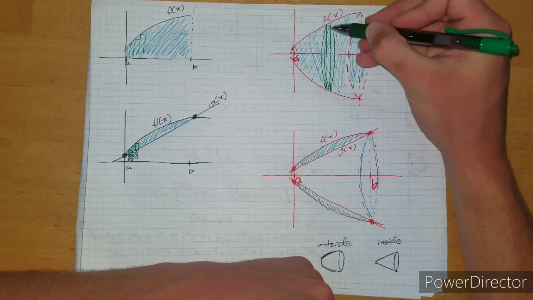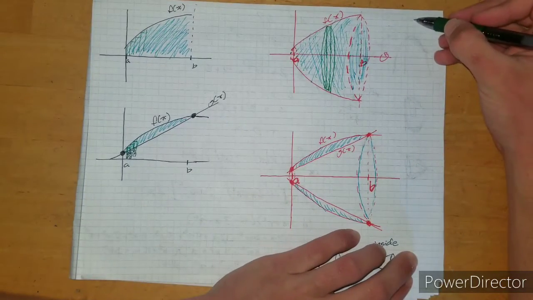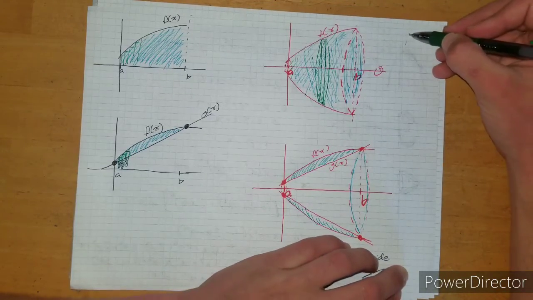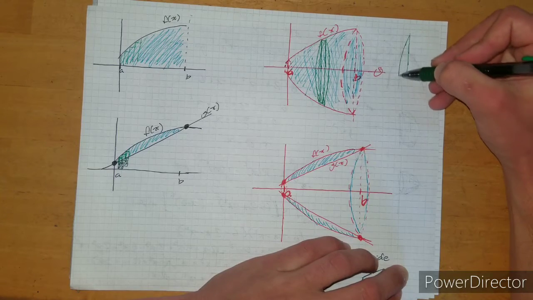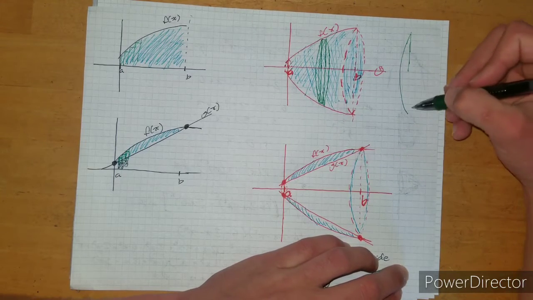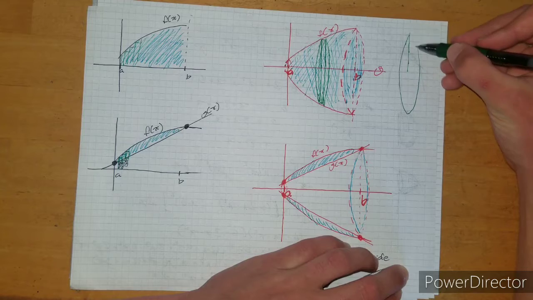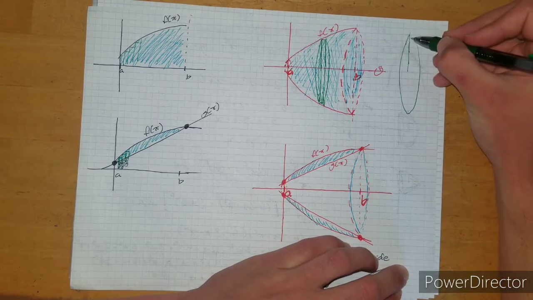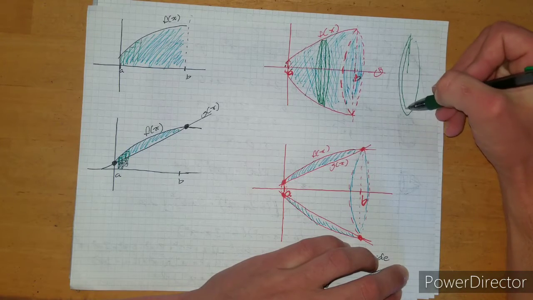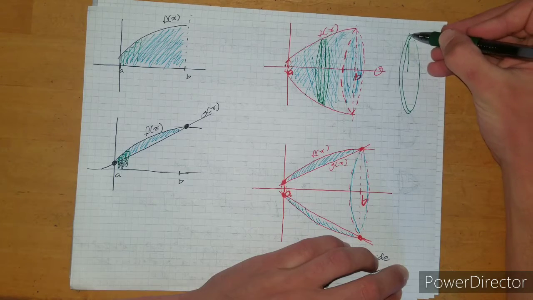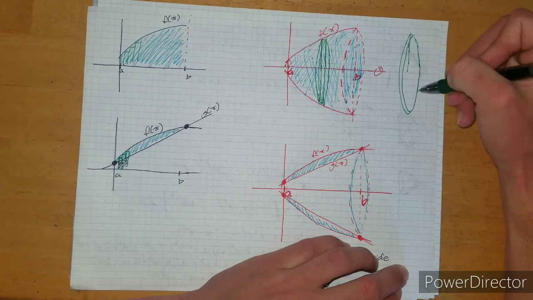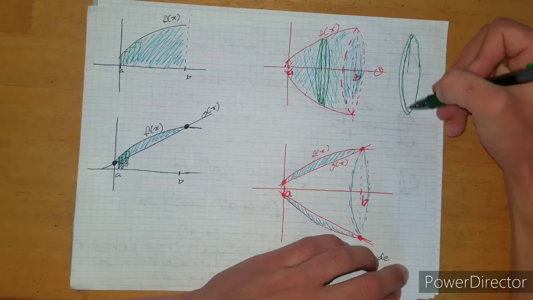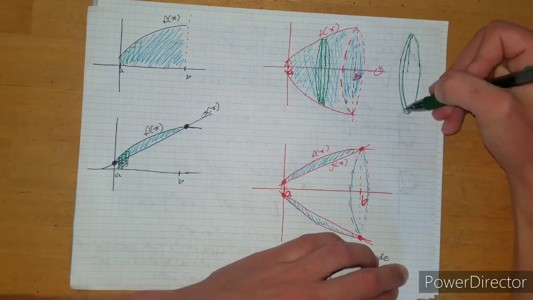This is really messy, so I'm going to just draw it over here. Take this and we rotate it around like so, rotate it back around, and since it's a rectangle, we're left with a disk like this. So it's the same idea that we had over here.